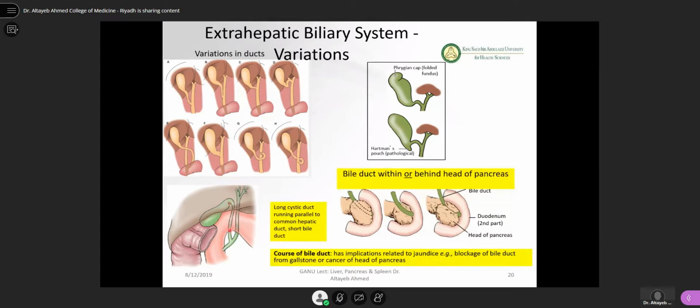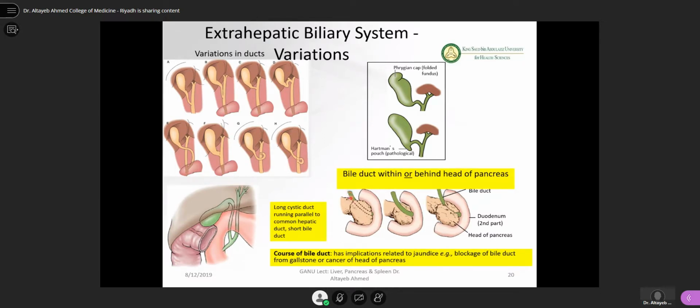This is a very serious condition, because as you can see, the cystic duct runs very long, parallel, and drains into the inferior part of the common bile duct. In this case, all of this we consider as common hepatic duct, and only this part we call the bile duct. This results in a very short bile duct.